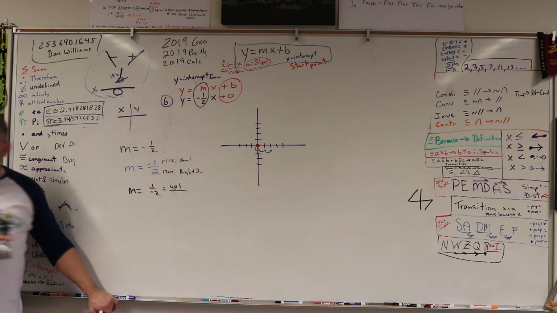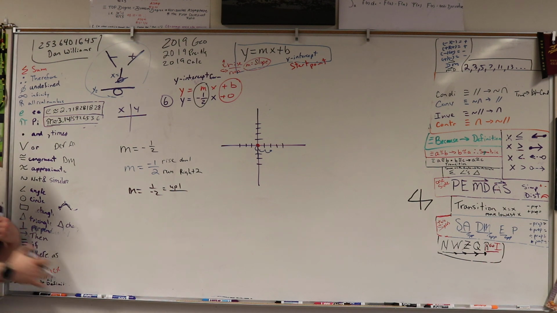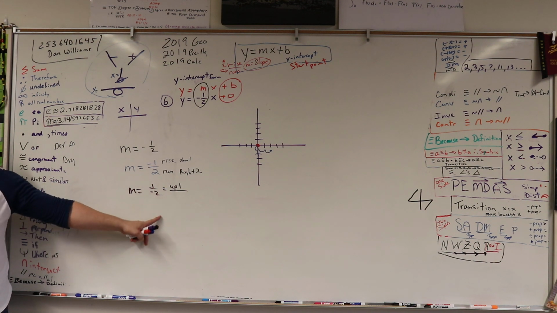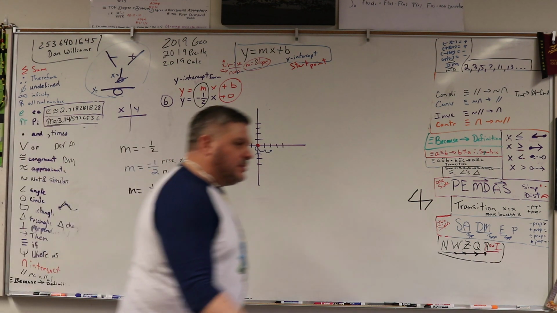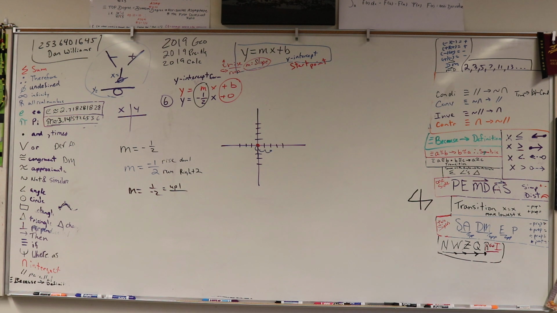Now, on the bottom, that's your run, right? So run means left or right. So if it's negative, am I going left or am I going right? Left. I'm going to go left.